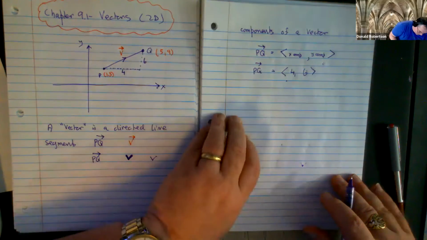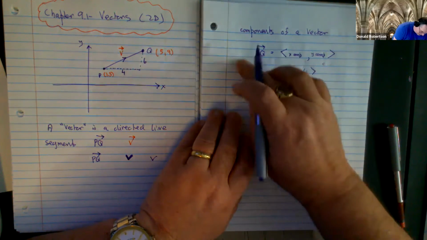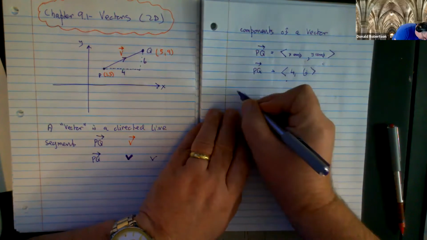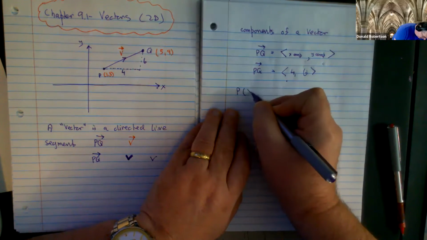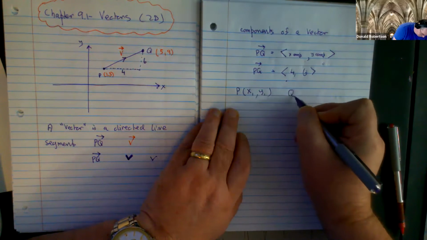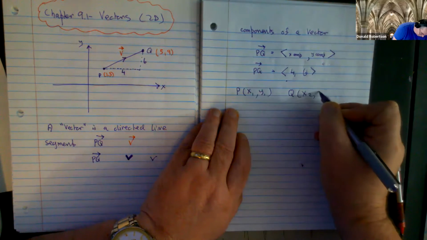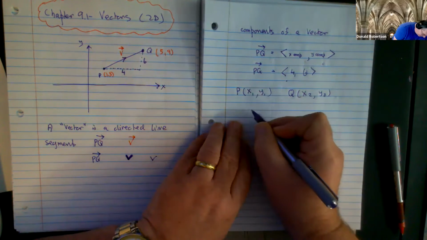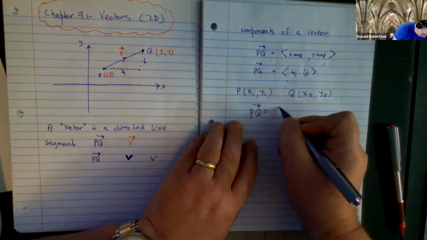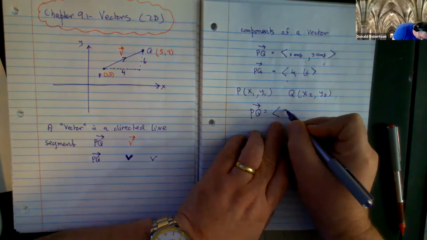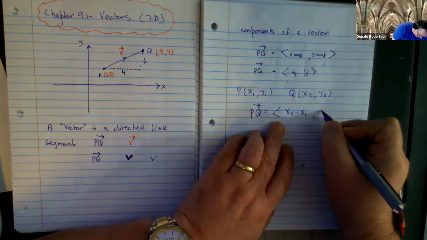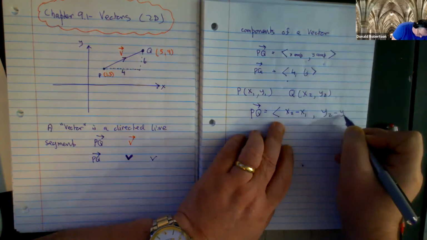Now there is a formula for calculating the vector joining any 2 points P to Q. Let's suppose P was (x1, y1) and Q had coordinates (x2, y2). Then the vector PQ would be (x2 take away x1, y2 take away y1).